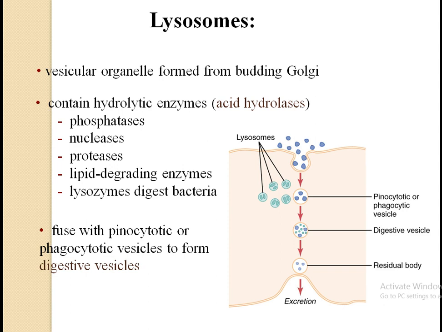These are the vesicular organelles formed from the budding Golgi apparatus and contain a number of hydrolytic enzymes. These enzymes may be phosphatases, nucleases, proteases, lipid degrading enzymes, and lysosomes digest the bacteria also.